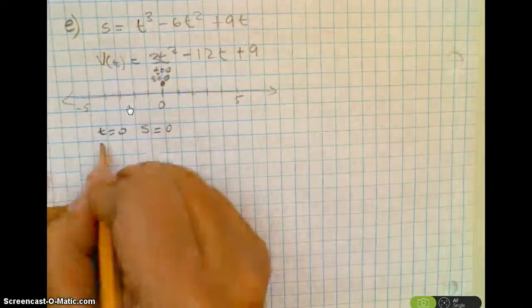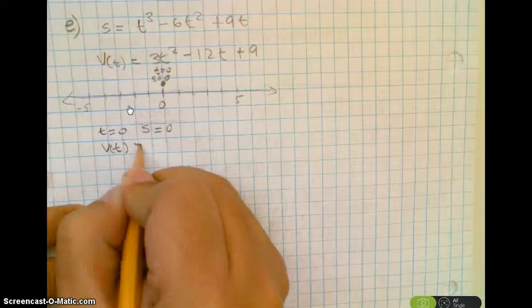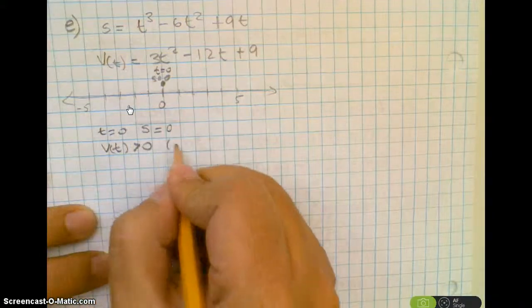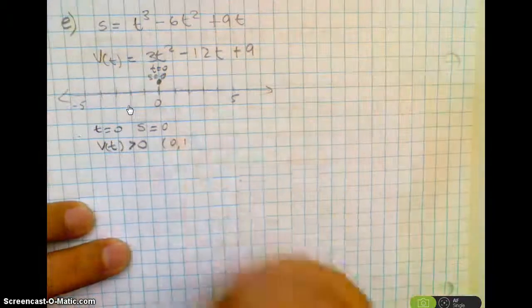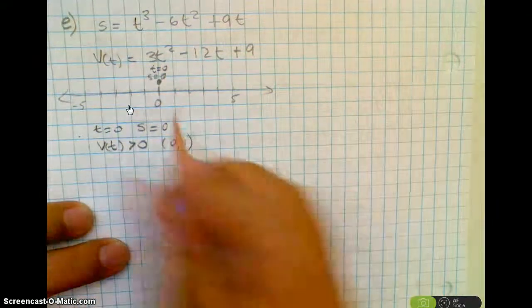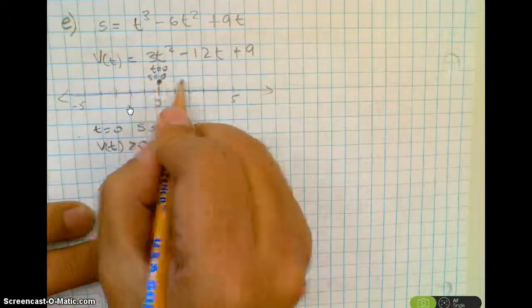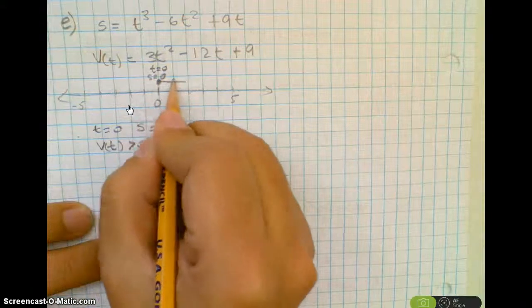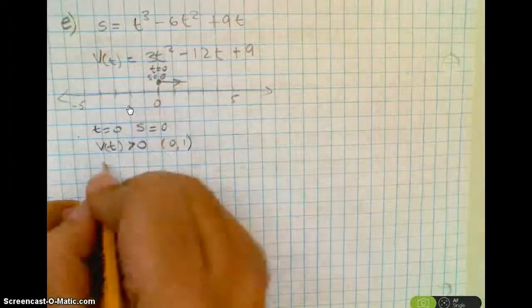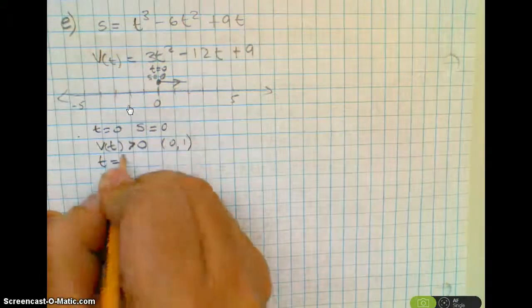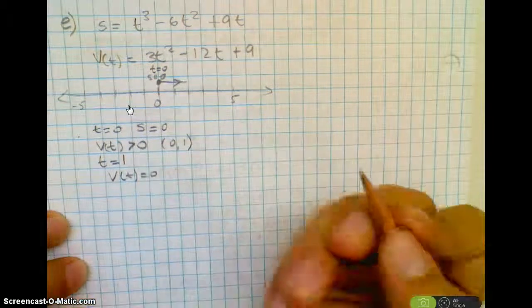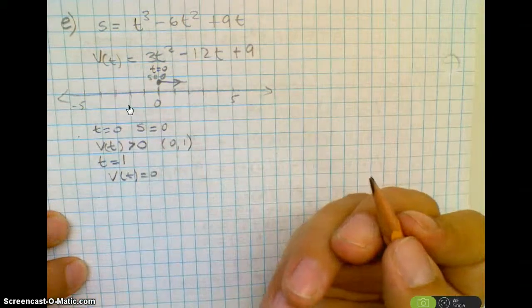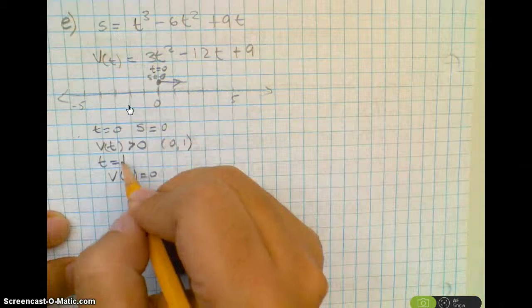Then remember that we said the velocity was positive between 0 and 1. So I know that the particle moves forward, in this direction. And remember that at 1 second, the velocity was 0 and the particle stopped.